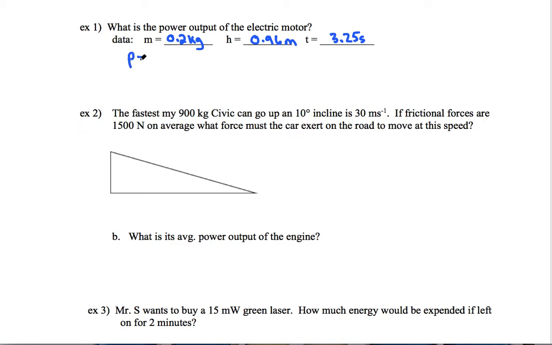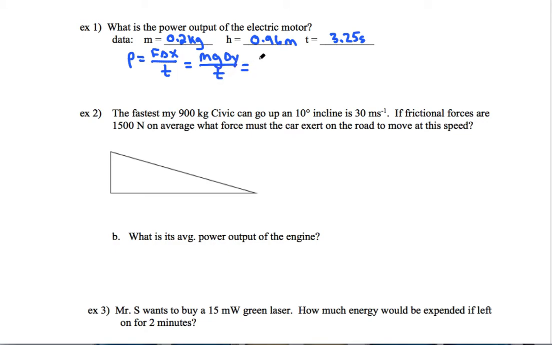Well, we know power is force times displacement divided by time. So you have to ask yourself, what force are we lifting, or what force do we have to overcome? Since we're lifting something up, that force is the force of gravity, and we calculate the force of gravity as m times g. Now we have a vertical displacement, so I'm going to write it as a change in y, or a change in height, divided by time.